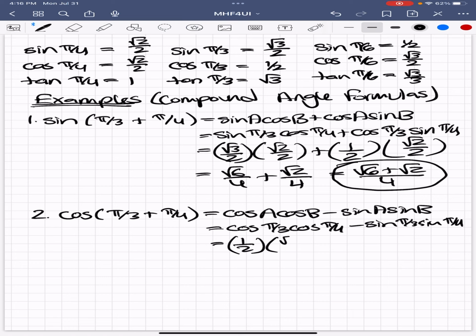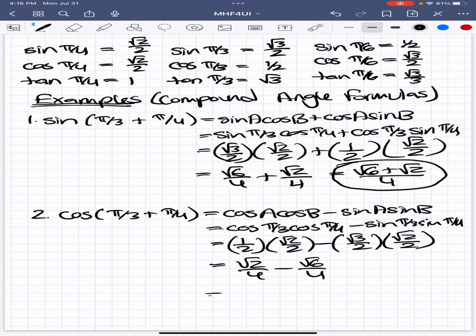Cos pi over 4 is root 2 over 2. Sine pi over 3 is root 3 over 2. And sine pi over 4 is root 2 over 2. There's our answer. Moving on.